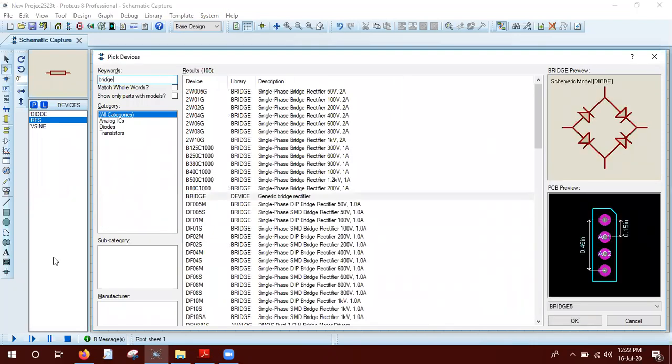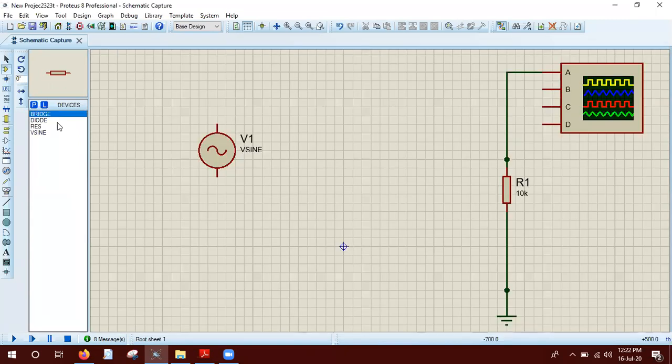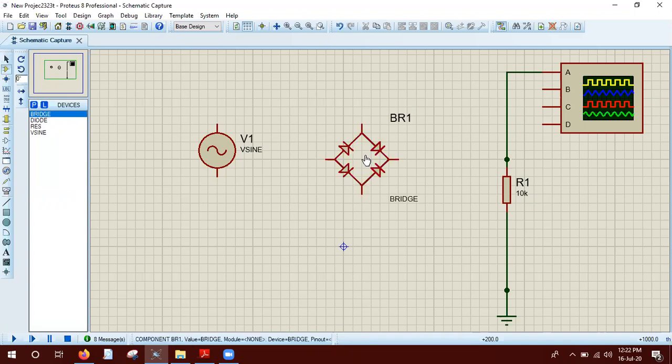You will see the generic bridge rectifier. You double click that, make it OK, click that bridge, and finally put it here. Whatever we have made manually, you can easily see that it is already made here.